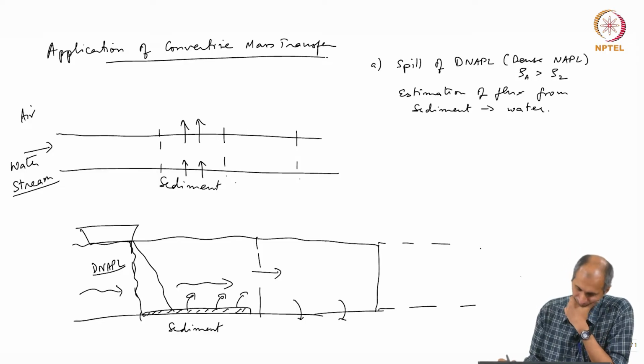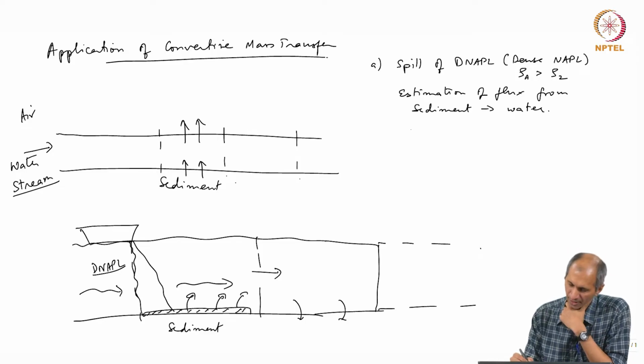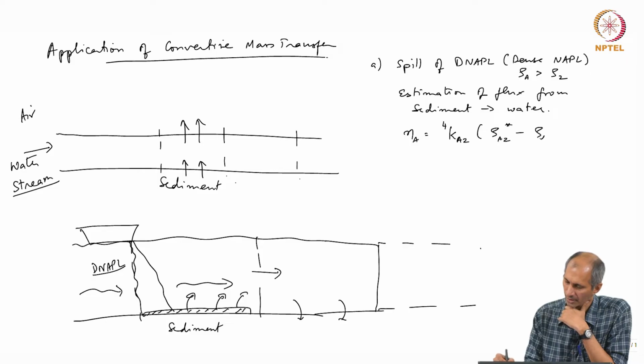Like last class, the flux will be K of A2 from 4 multiplied by rho A2 star minus rho A2, we will call it rho A2.